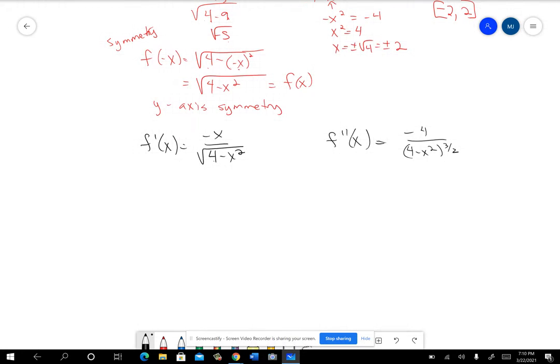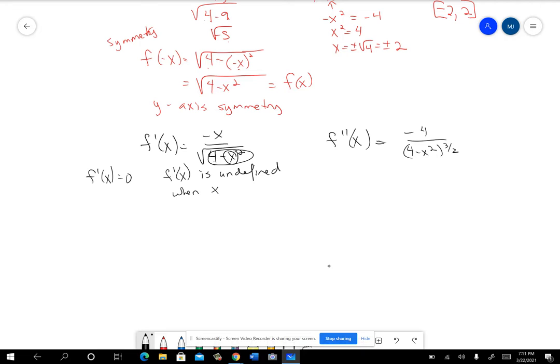So we're looking for the critical numbers. That's going to be what causes f prime of x to equal 0, or what causes f prime of x to be undefined. If you look at this, you have the 4 minus x squared in the denominator. So f prime of x is going to be undefined, and we can just do it by inspection, when the number that you plug in here is bigger than 2 or less than negative 2.